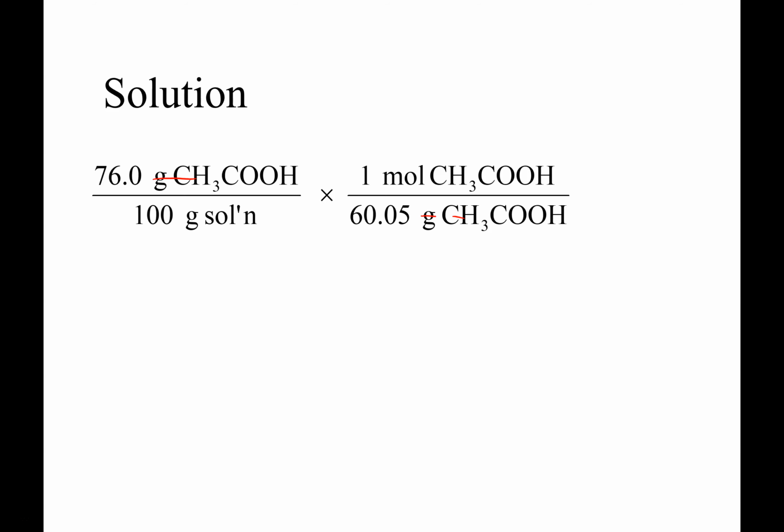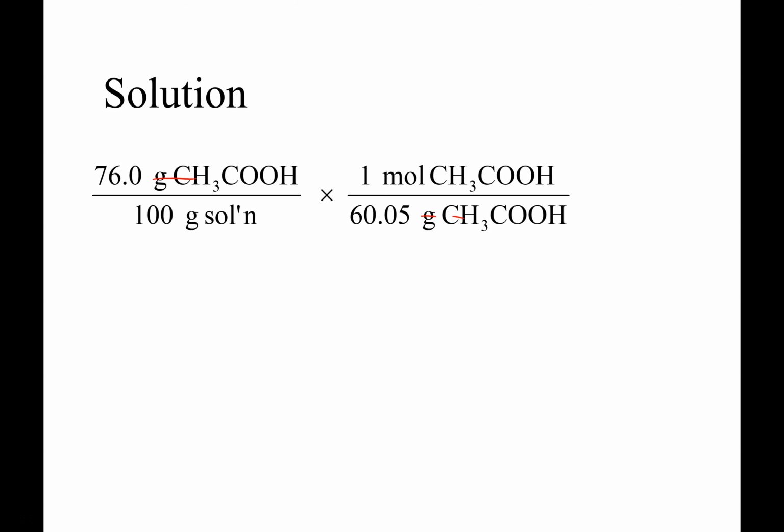I used my molar mass, and now I have moles of CH3COOH per grams of solution. But I want moles of acetic acid per liter of solution. So how can I use density to get units from grams in the bottom to milliliters in the bottom?